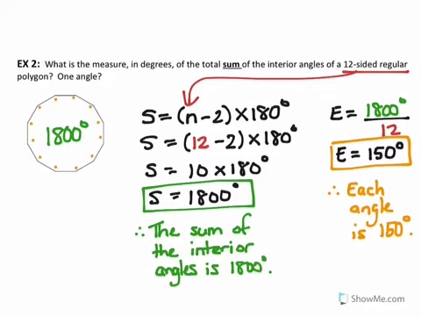So we have to divide it by 12 to get each of those angles, and each of the angles is going to be 150, which you see right here. If you take 12 times 150, you're going to get that 1,800 degrees as the total sum.